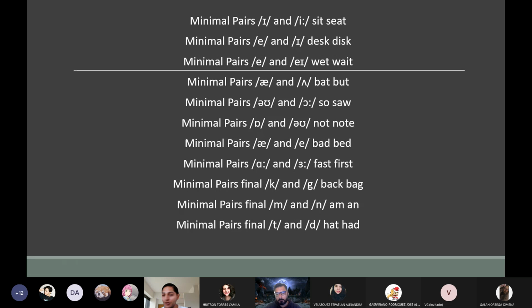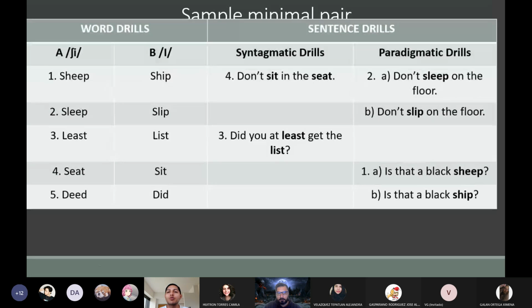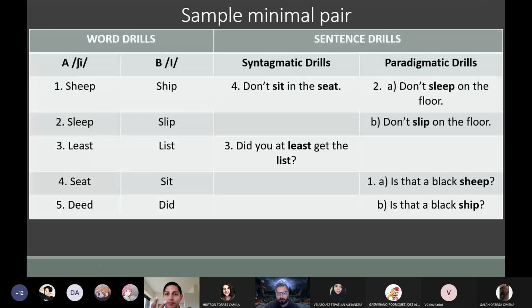So what you're going to do is to use these minimal pairs. I think we have about 12, and to write both a syntagmatic drill for each of them and a paradigmatic drill. So in the end, you're going to have about 24 sentences.